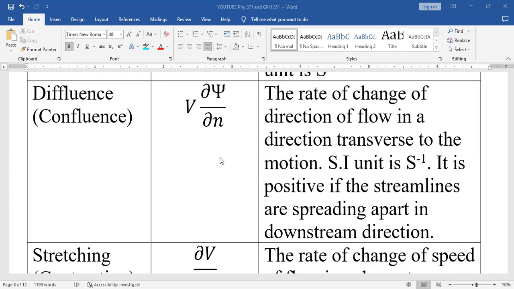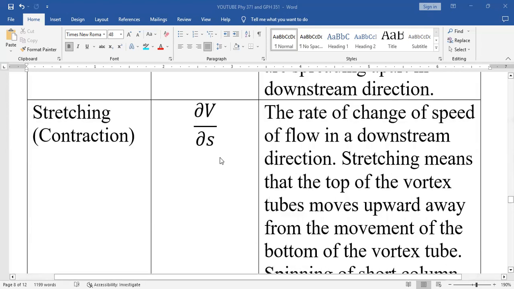Let's go to the next one, contraction, or you call it stretching. If we don't call it contraction, you can call it compression. So this is one of those kinematic properties of flow. Stretching, contraction, compression, and all of that.